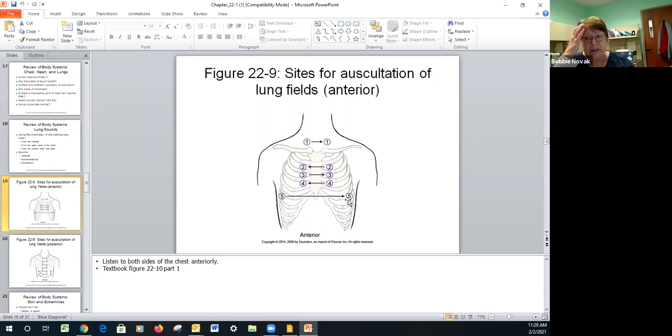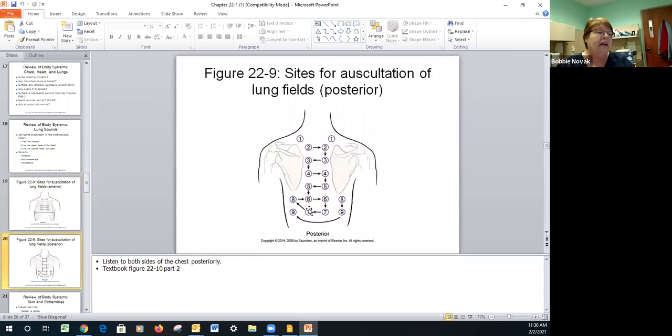Okay, so there's 5 areas you want to listen to on the front. Basically, it's all in the rib cage. Don't be listening lower than the rib cage because then you're in the abdomen. All right. And you're trying to hear those bronchial and the bronchovesicular sounds and the vesicular sounds. All right. And they should be even on both sides. If not, then there's a problem with one lung or the other.